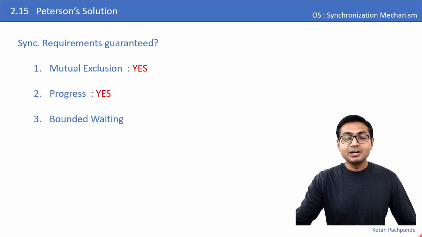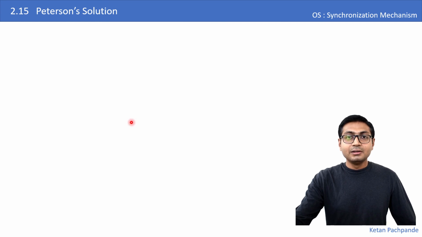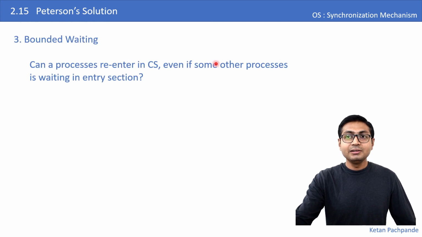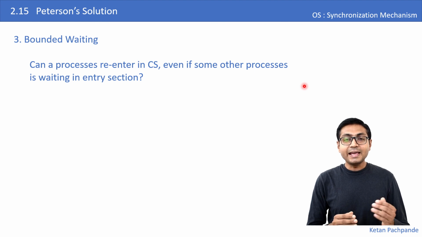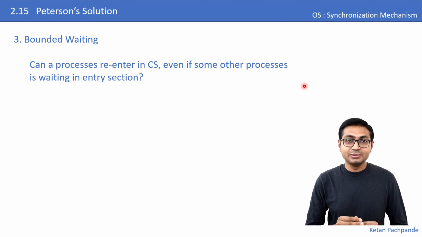Let us check the third requirement, the bounded waiting. Let's revise. What is the bounded waiting? If a process is already in the critical section and some other process is waiting in the entry section, then you have to ask the question to the process which is in the critical section, can you re-enter into the critical section even if someone is waiting?